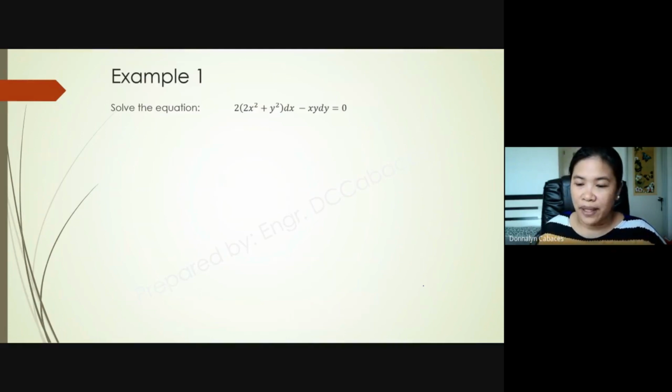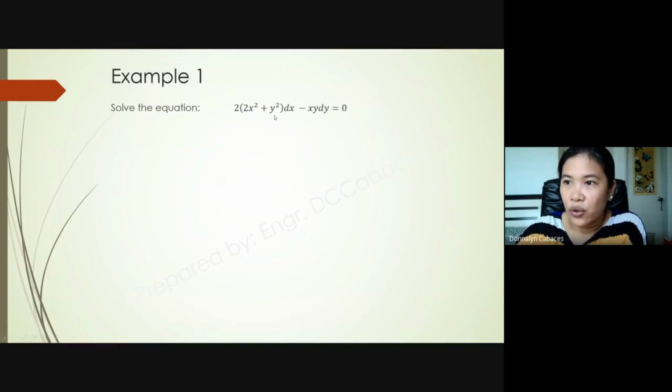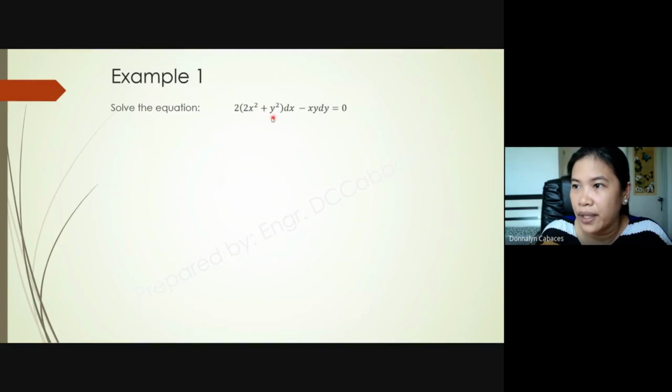By inspection, we can see here that the differential equation is homogeneous of degree 2. We have x², y², and then 1 degree in x, 1 degree in y, also a second degree term. So this is a homogeneous differential equation of degree 2. So let us proceed with the solution.